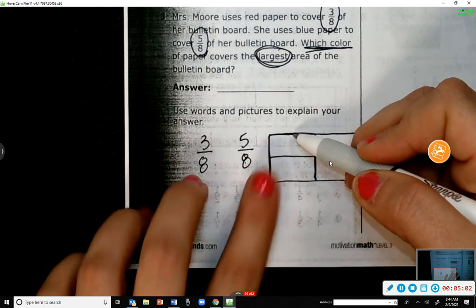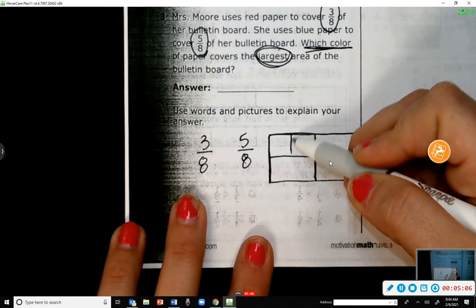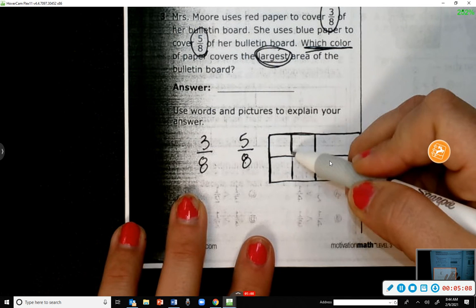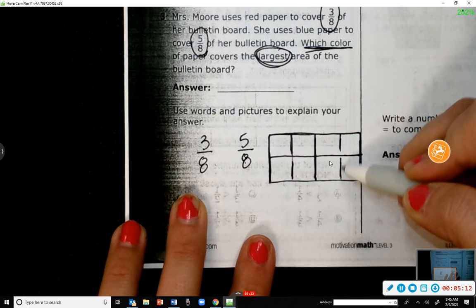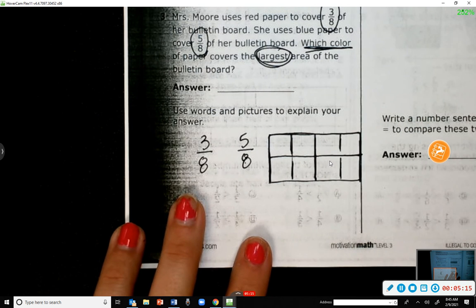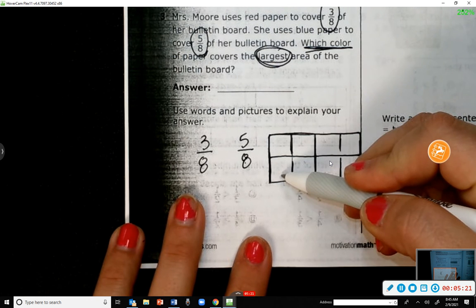So go on this half, you're going to cut it in half again. Same thing over here, cut it in half again. That's only 4 pieces, so now we still need to cut them in half. So you're going to cut this section in half.